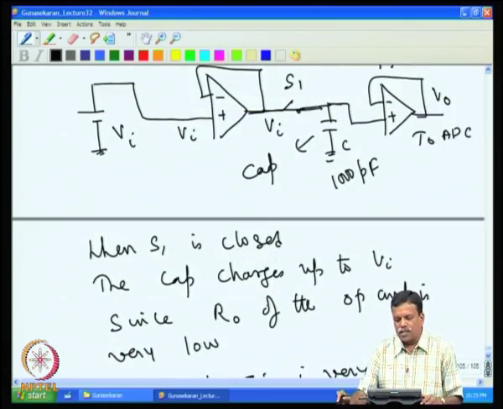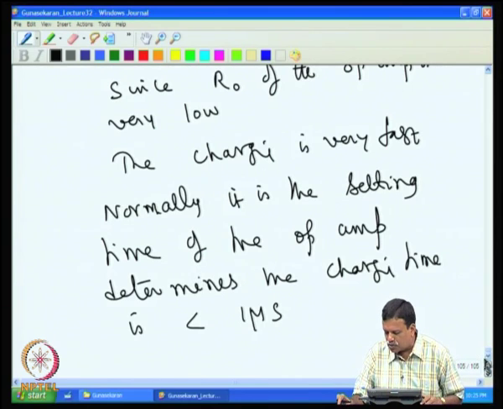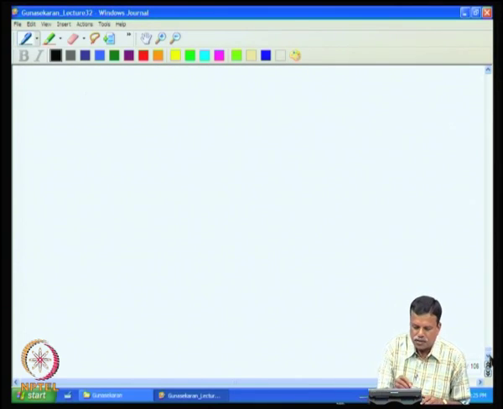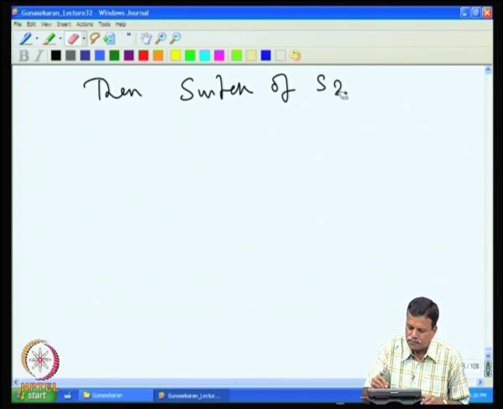So here the charging is very rapid. Once it charges up, then switch off S2, switch off S1.